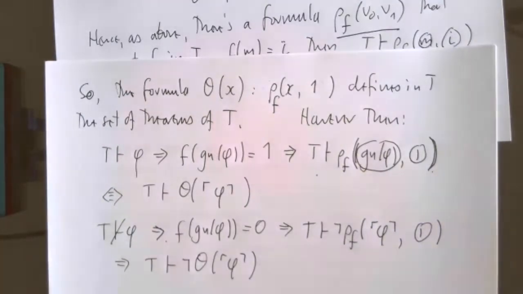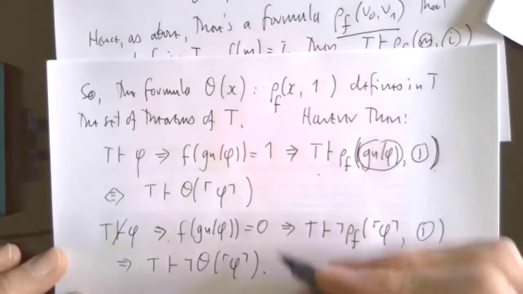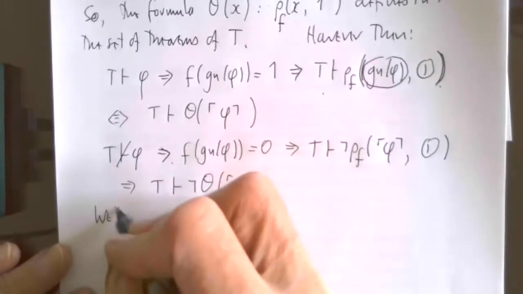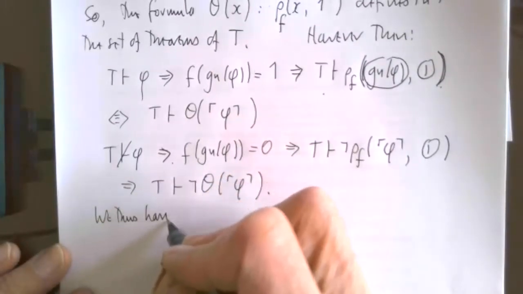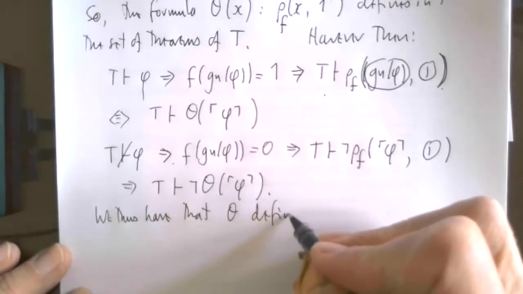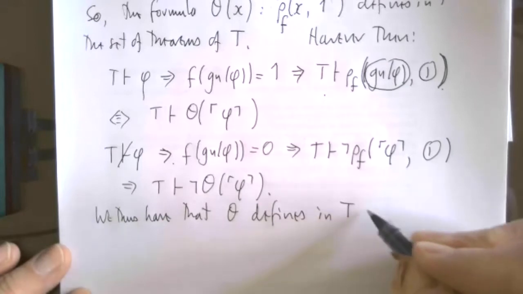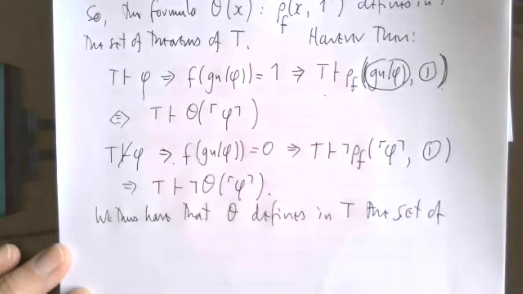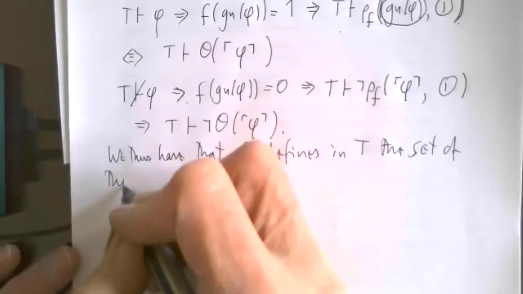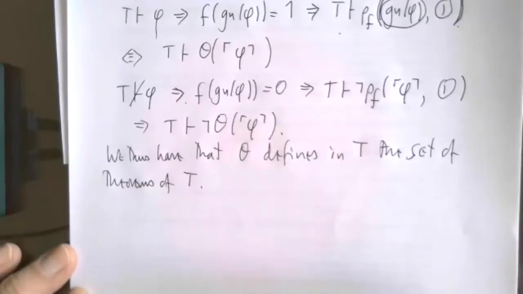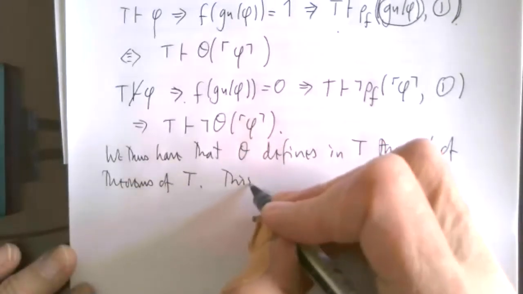Theta defines in T the set of theorems of T. This contradicts 635.